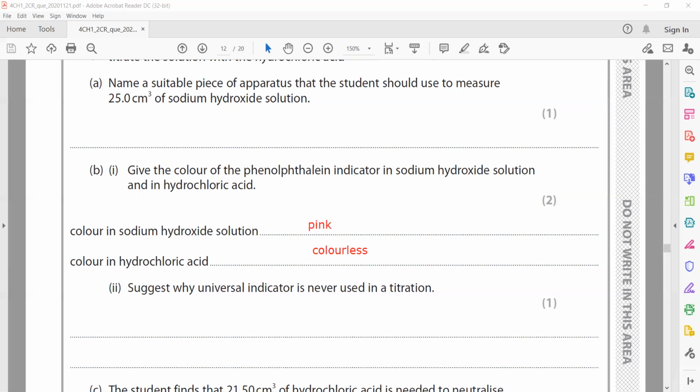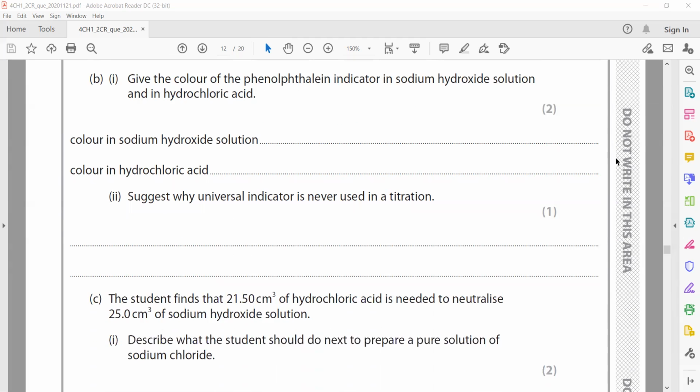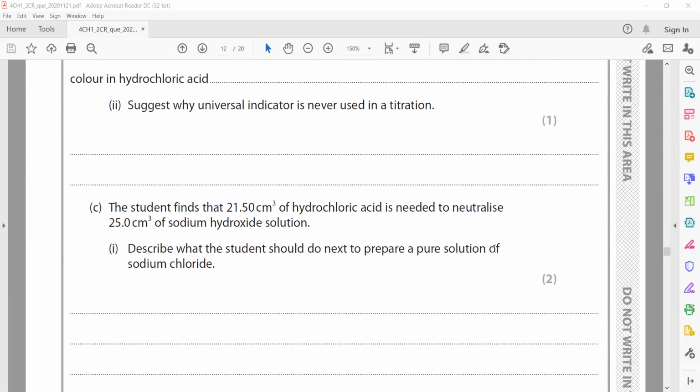So there is no clear color change, and it is difficult to determine the shades. That's why we do not use universal indicator in a titration experiment. We use an indicator which shows only one specific color change, like from orange to green.